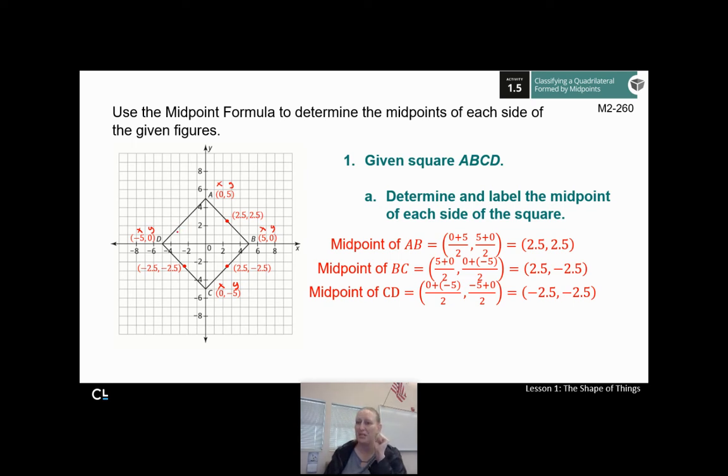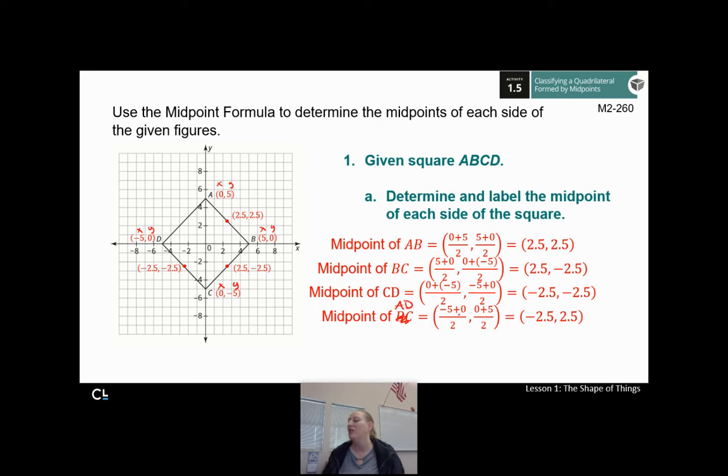Last but not least, let's find the midpoint of that fourth side, AD. You're getting a lot of practice with midpoints. I think I've got a typo coming up here, sorry about that. So again, add our x coordinates together, negative 5 plus 0, divide by 2. Add our y coordinates together, 0 plus 5, divide by 2, and that should say AD.